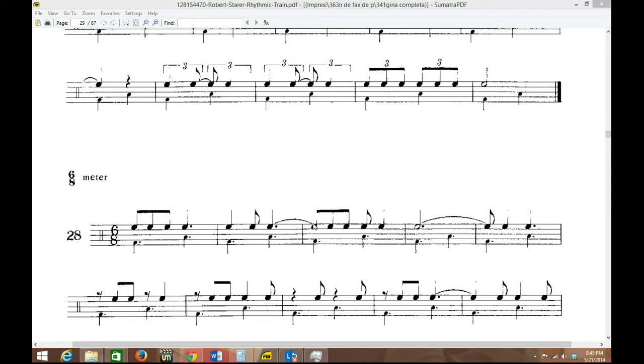So this measure, which is going to start with a clap because we're holding the previous note over, will sound like this. Here we go. Ta, ta, ta, ta. Again, here we go. Ta, ta, ta, ta. Okay, so that's this measure.